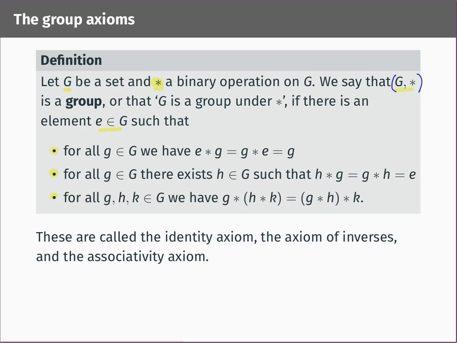Finally, the associativity axiom says that for all g and h and k in the set capital G, g star h star k must be equal to g star h star k, with the brackets placed in either order. So those are the group axioms.